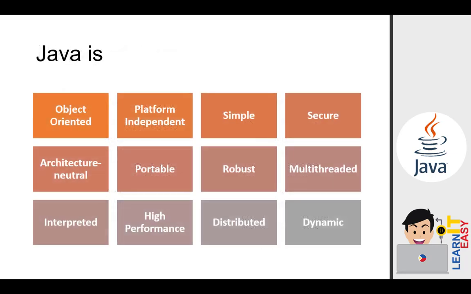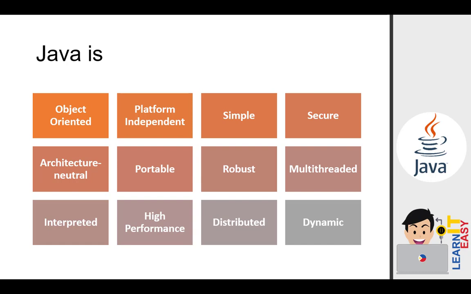So, Java is the following. It is object-oriented, platform-independent, simple, secure, architectural neutral, portable, robust, multi-threaded, interpreted, high-performance, distributed, and dynamic.